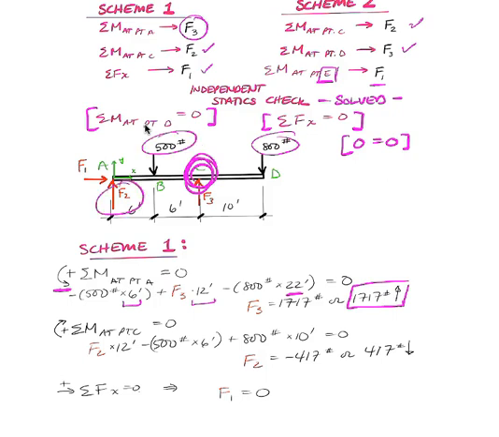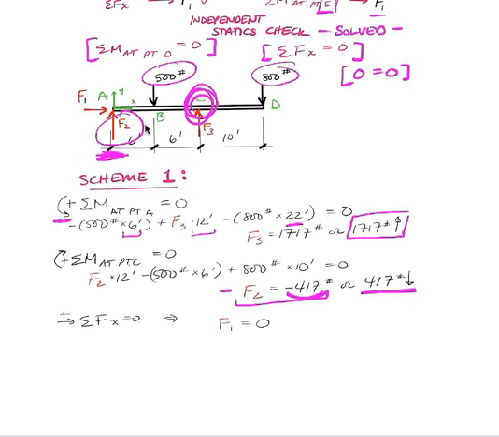And you see that there with different lever arms than what we had above. And in the end, mathematically, we end up with an answer that says F2 is equal to negative 417 pounds, which would mean that F2, as seen in the free body diagram, is actually going down.